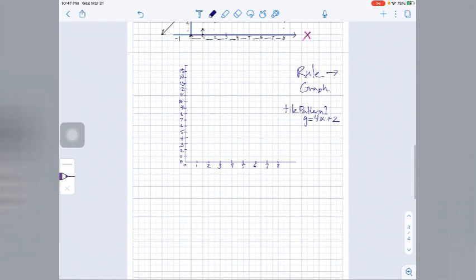Yeah, y equals 4x plus 2. And then tile pattern 2, I'm just going to write TP. Tile pattern 2 is y equals 4x plus 1. And then tile pattern 3 is y equals 4x plus 3.